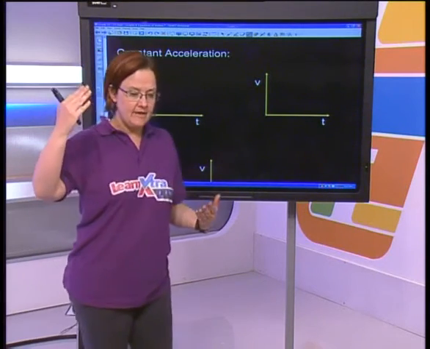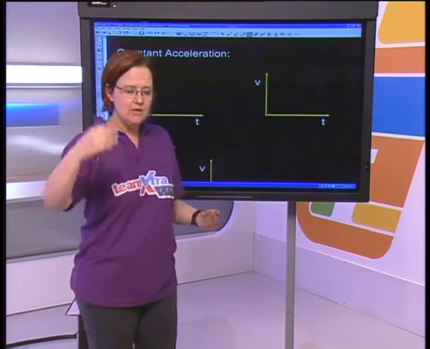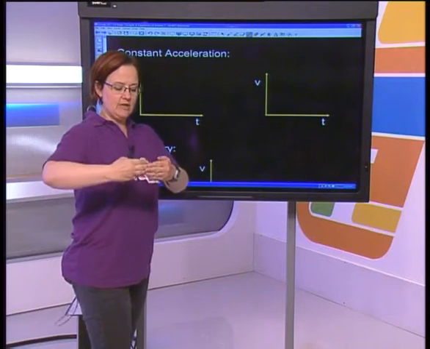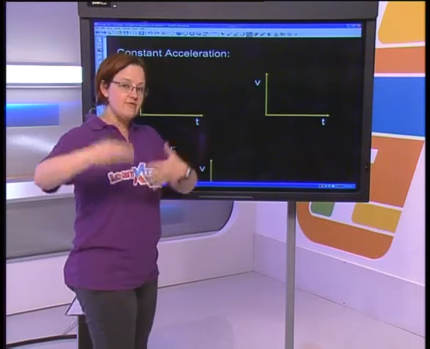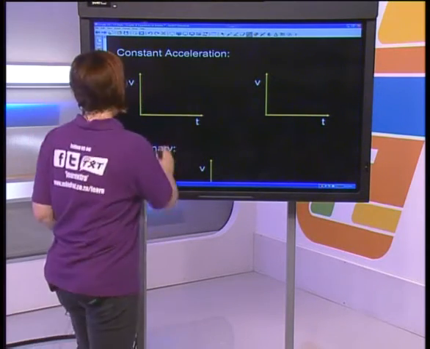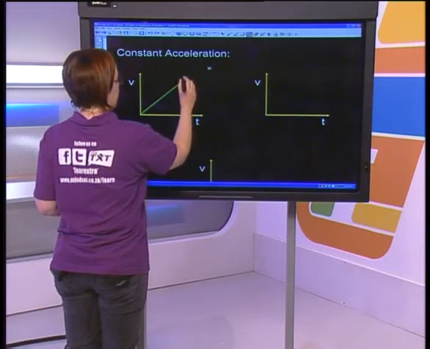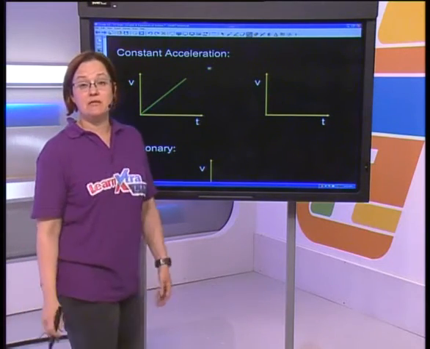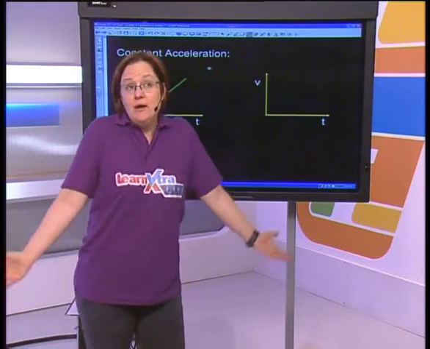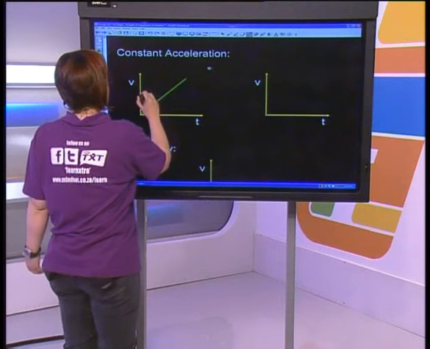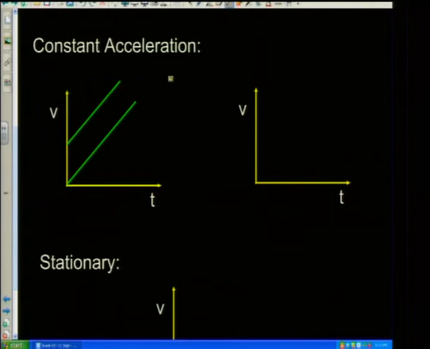With constant acceleration, the acceleration is the same rate, which means our velocity is increasing by the same amount every second. It becomes a straight line, okay? And it can start from rest, so that means my original velocity is 0. It might not start from rest, which means it can start from there and go up. It all depends on where we're starting as our 0 or reference point.